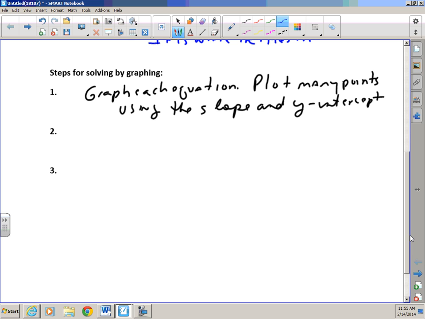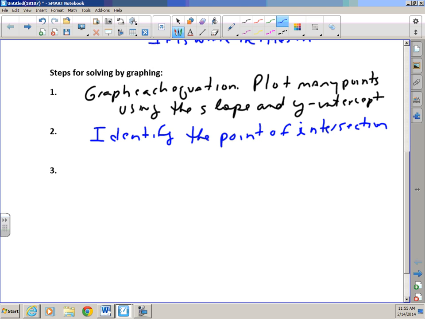Step two is we want to identify the point of intersection, and you just want to tell me what it is. And label each line with its equation.